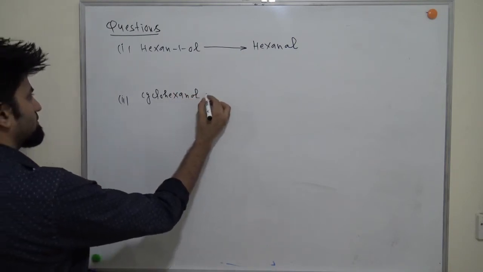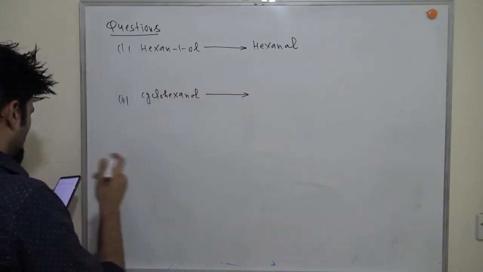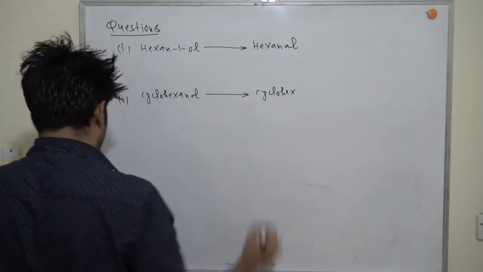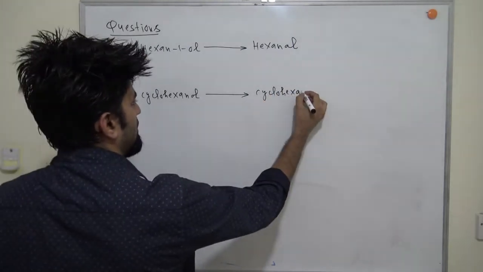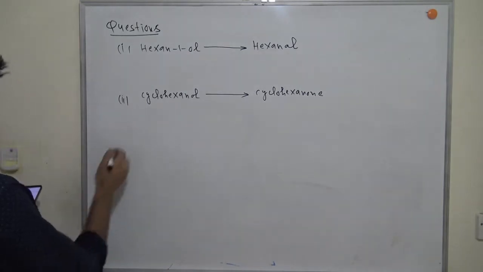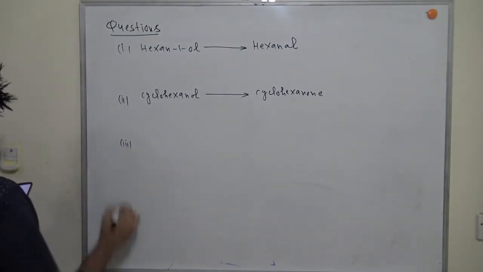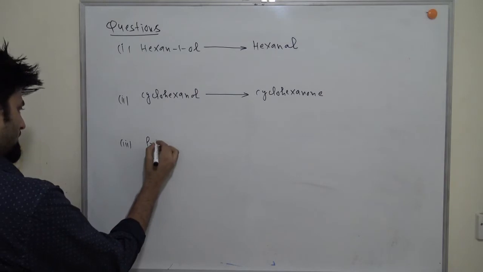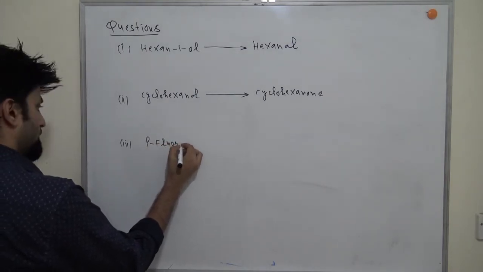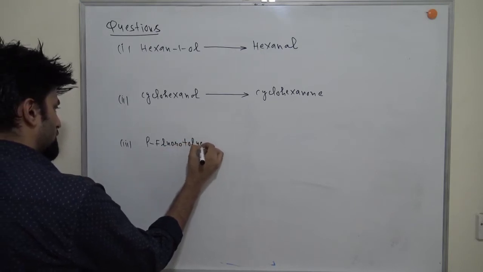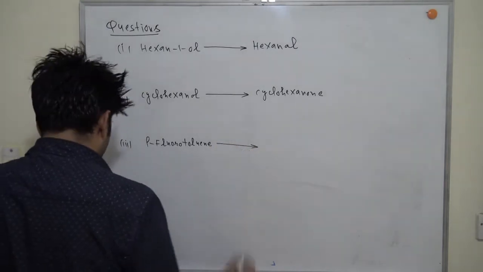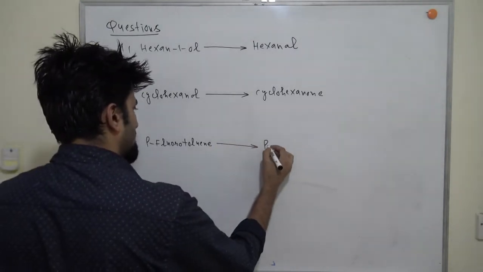Then we have cyclohexanol to cyclohexanone. Okay, the third one is parafluorotoluene to parafluorobenzaldehyde.